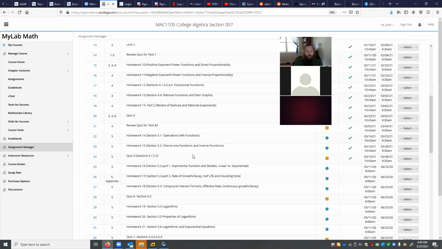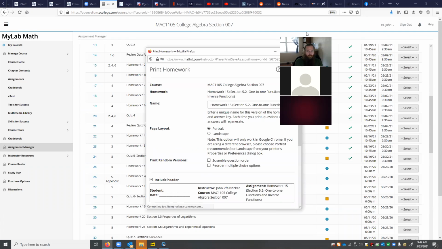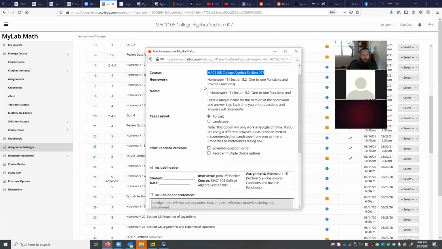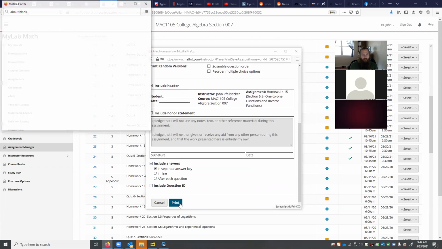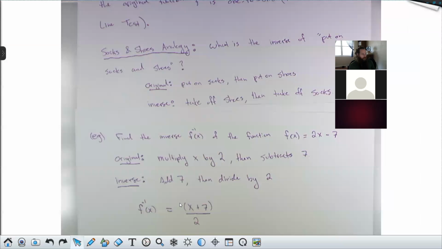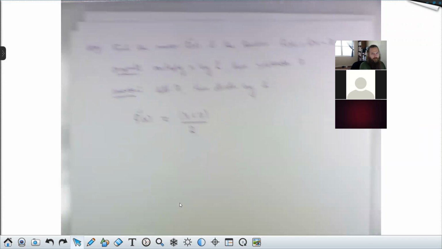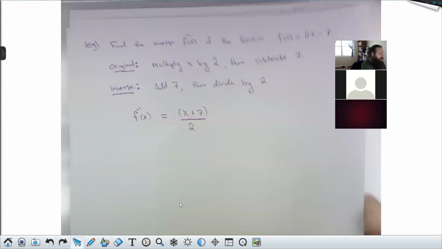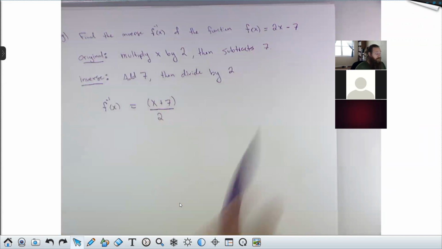But let's take a look at one or two problems here where you have to construct an inverse function. I'll go ahead and launch this. Okay, so before we look at that, I want to tell you how you find an inverse algebraically, because you don't always want to take the time to write out the words: multiply by 2, then subtract 7.